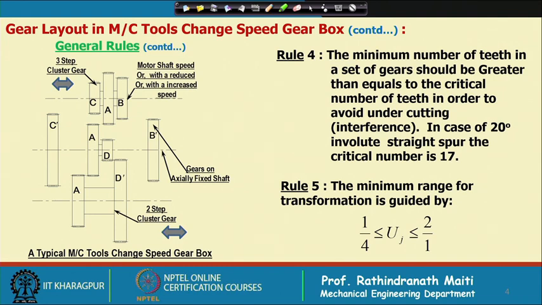That means, suppose we consider in a stage C by C dash and the other is A by A dash, that total range should not be more than 8, that is this side 4, that side 2. That is to be followed, otherwise the gearbox size will be large or some kinematic problem may come in between.